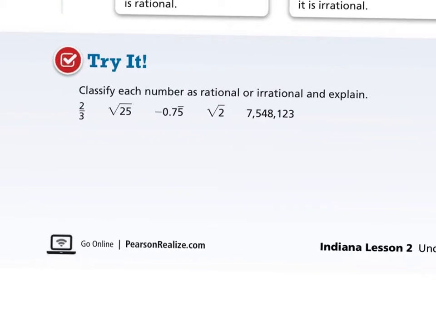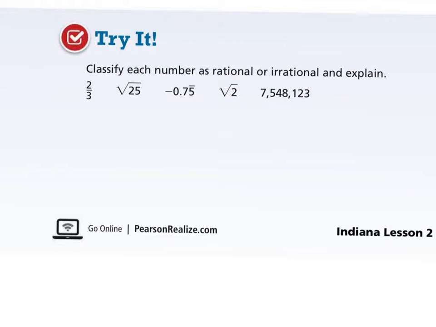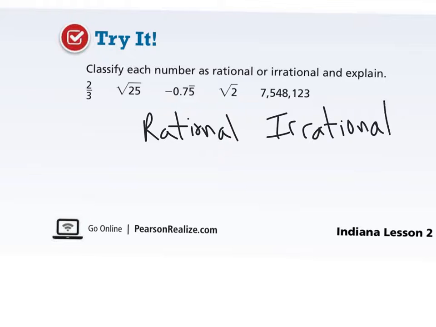So if we look at the try it, they want us to classify these as rational or irrational. This time they don't give us a table, so no cheating. We don't know how many there are going to be of each this time.